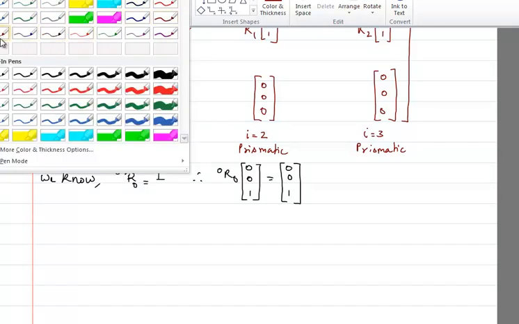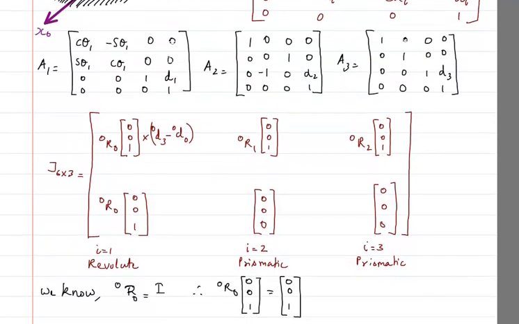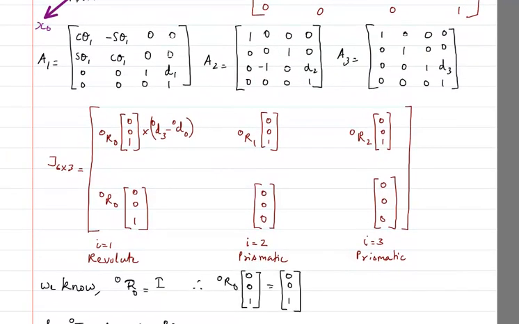So I will again, and for the next one, 0r1, I have to find. And 0t1 is equal to a1, therefore 0r1, as we can see a1 is this one.